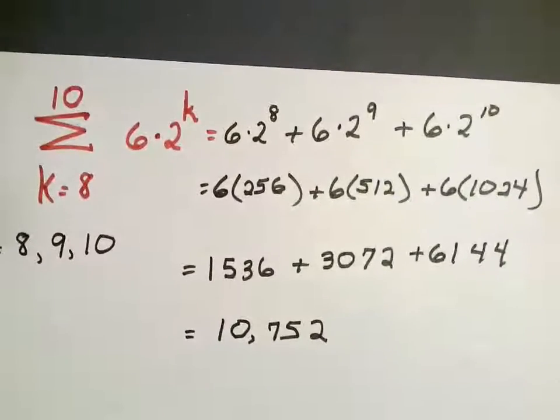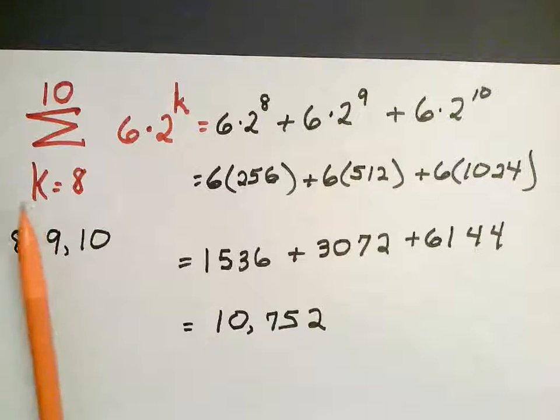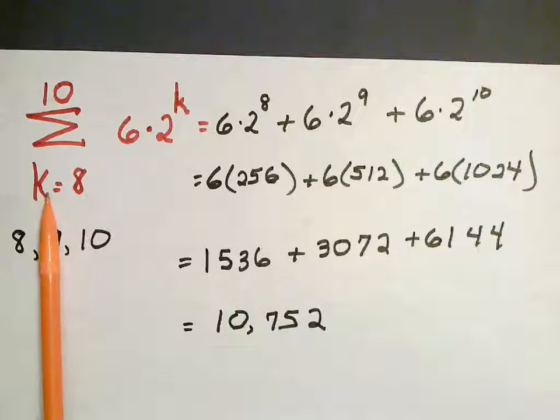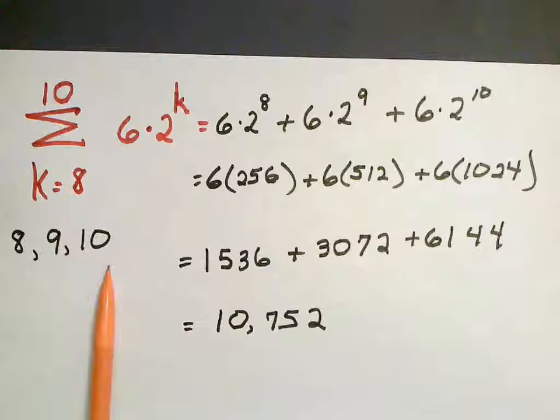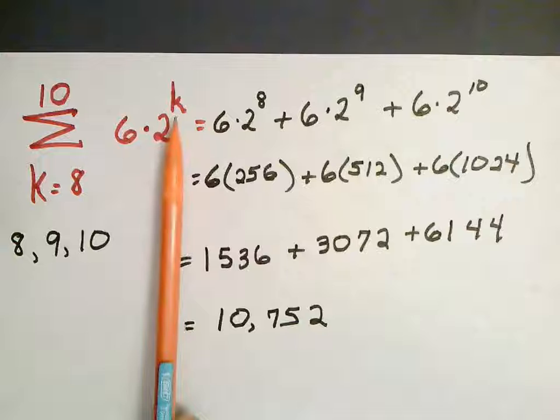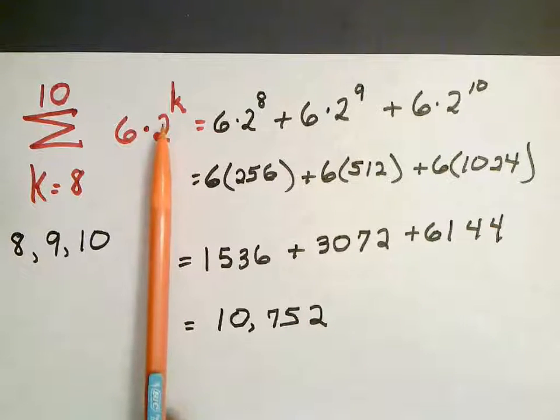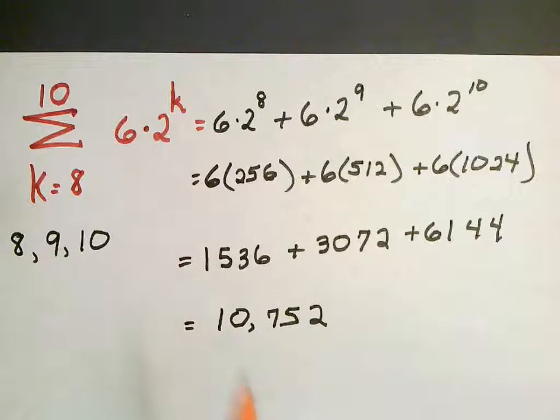We'd like to find the sum where the lower limit is 8 and the upper limit is 10. So the k will be 8, 9, 10. And this k only refers to the number that is directly beside, which is the 2.